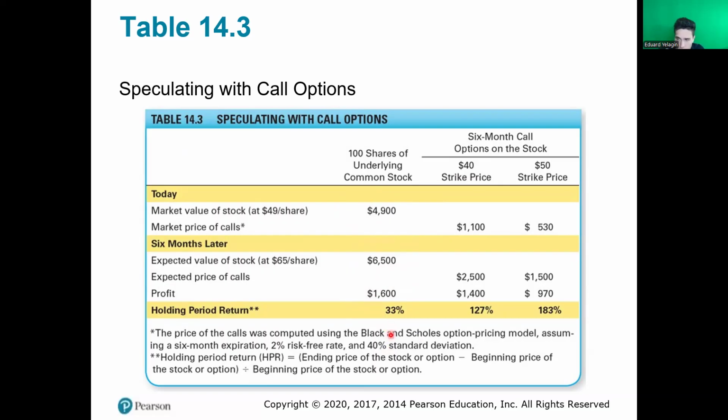Quite good results. Now, what we can do instead is buy the call option to buy the stock for $40.